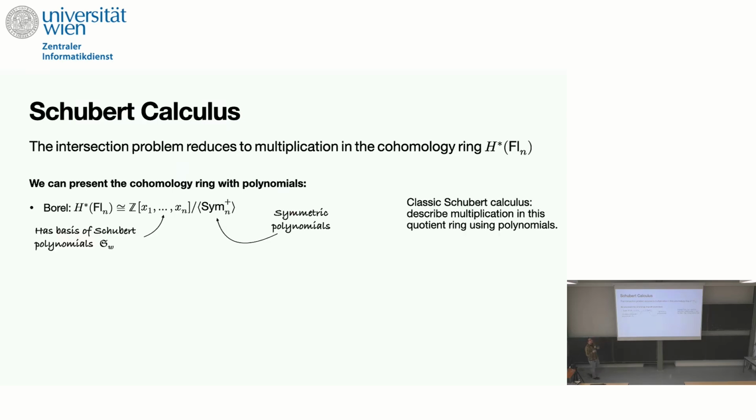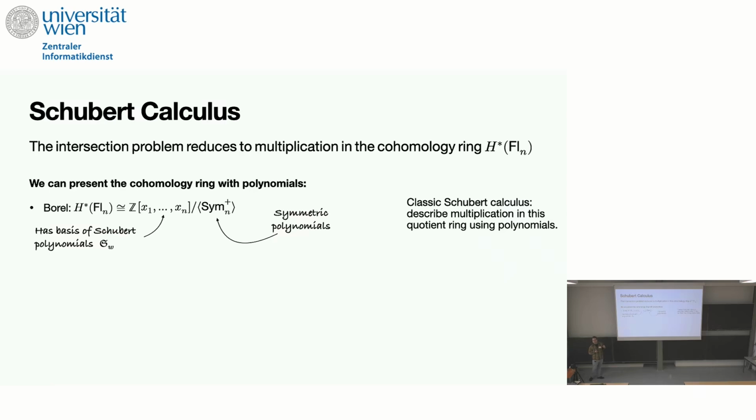And in this setting, classic Schubert calculus asks, if you have two polynomials in this ring, how do they multiply? There's a really nice basis that lets us compute geometric things by multiplying that basis and re-decomposing it. But this is actually not what I'm going to focus my attention on right now.